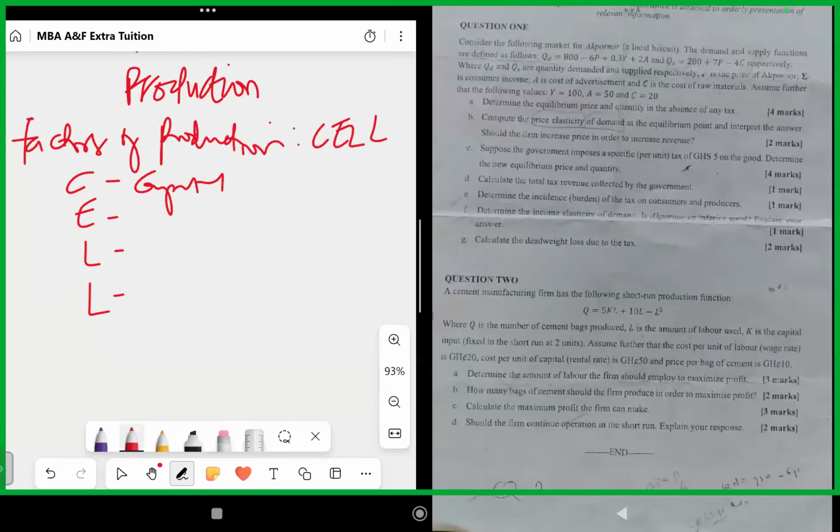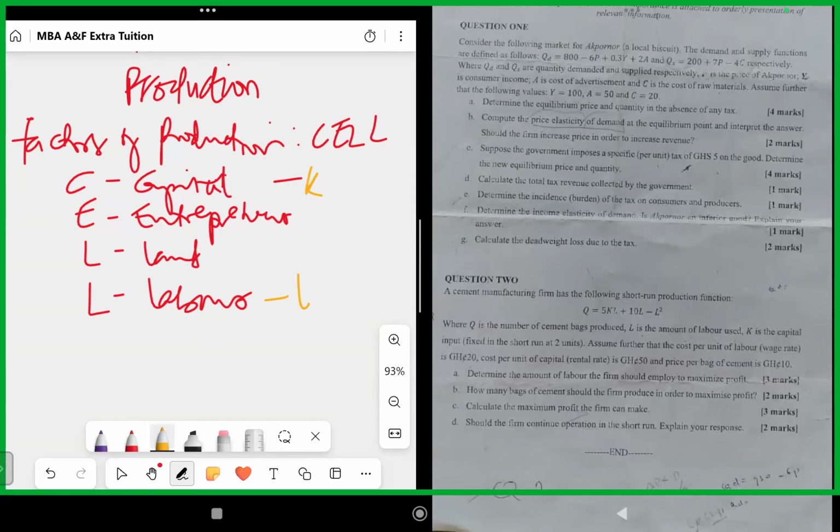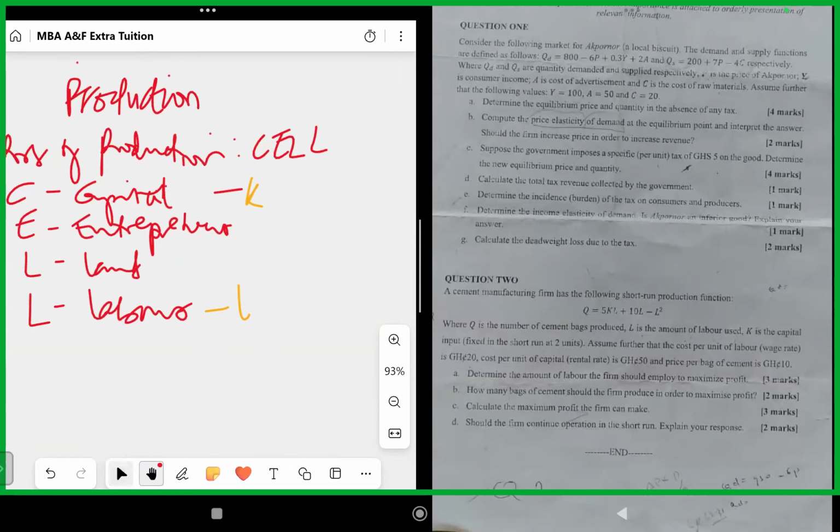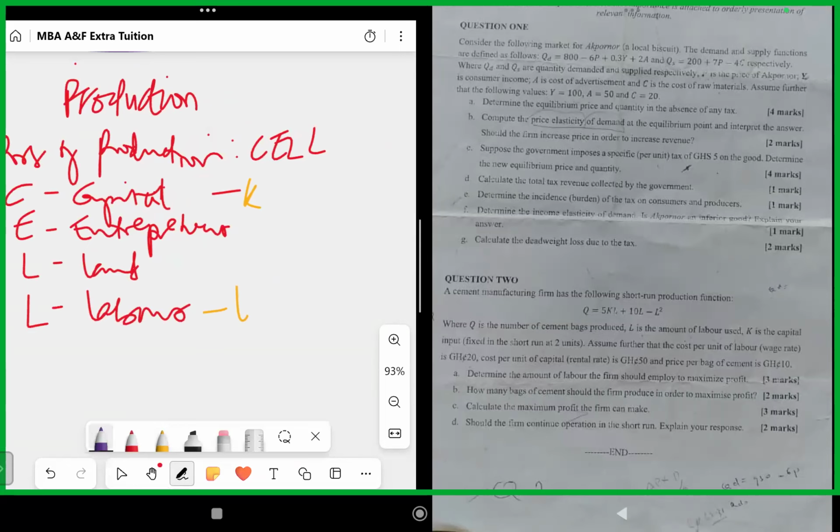We have capital, entrepreneur, land, and labor. For the course we are going to do today, we are interested in capital and labor. We use the letter K to represent capital, and L for labor. These together give us what is called inputs.